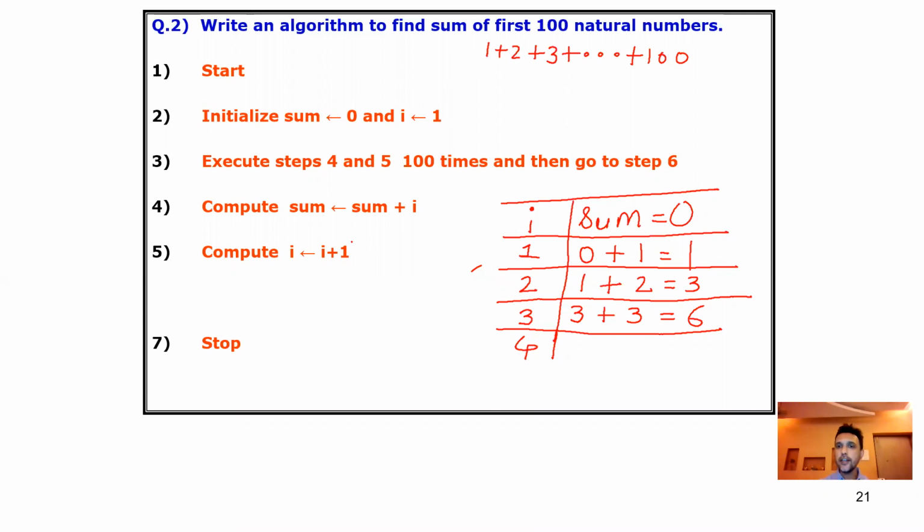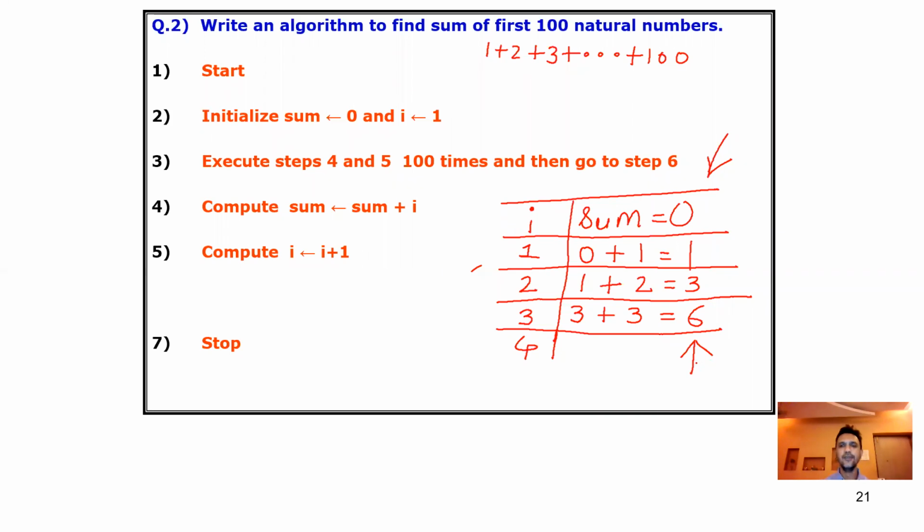Now, if you look at this working a little carefully, you will realize something is happening over here. After 3 executions, I repeat, after 3 executions, sum takes the final value 6. Now, can you tell me what is this 6?